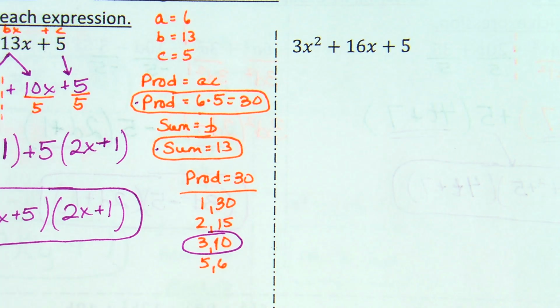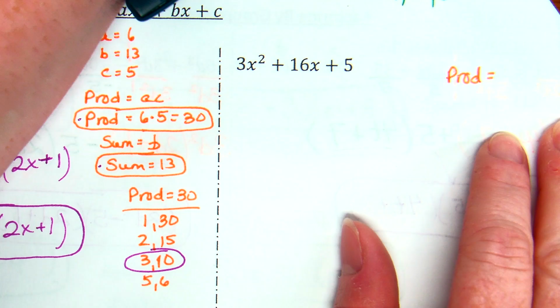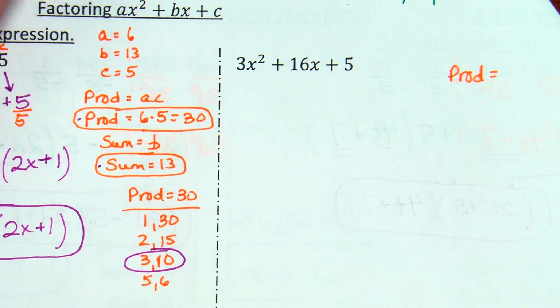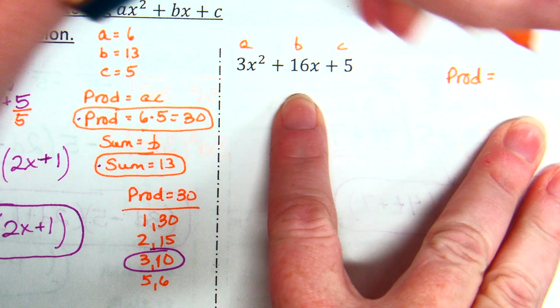Okay, product of AC thing. So, product of AC. Thoughts on what A and C are? 3 and 5? And I can label these A, B, C if I want. But it's 3 times 5, and 3 times 5 is 15.